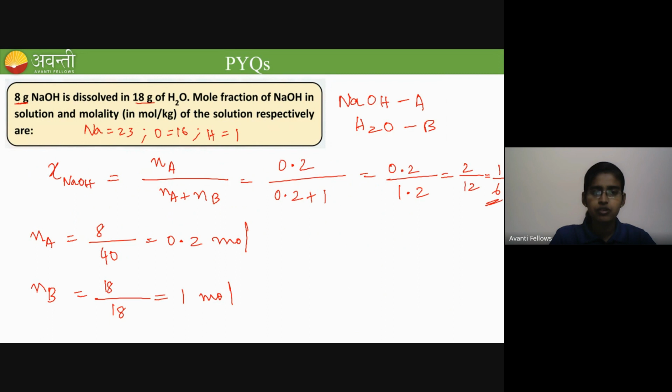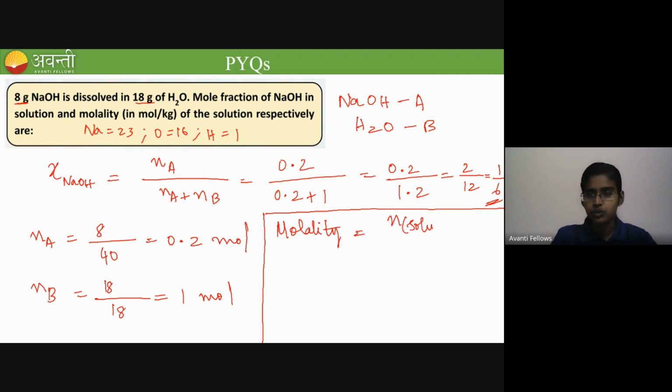And also we have to find out the molality. How to find out the molality? Molality is equal to the number of moles of solute divided by the mass of solvent in kilogram. Okay. So the number of moles of solute is 0.2.